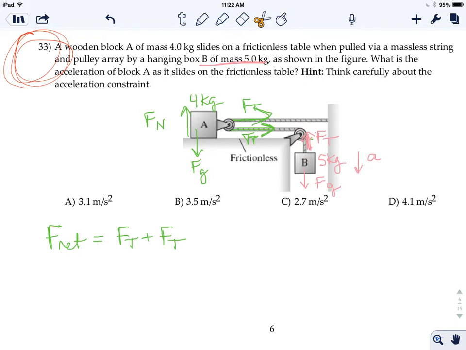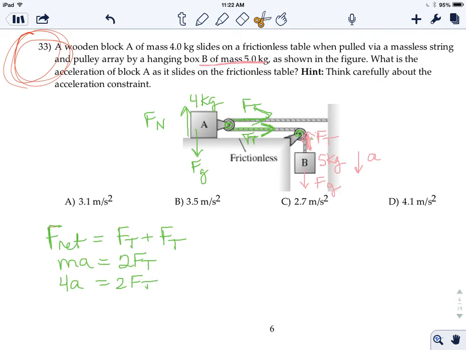That wouldn't be true necessarily if it was fixed at this spot, but it's not fixed there, so we would have different tension forces. So the mass times the acceleration is equal to 2 times the tension force. F plus F is 2F. So our mass, 4 times the acceleration of A, is equal to 2Ft.